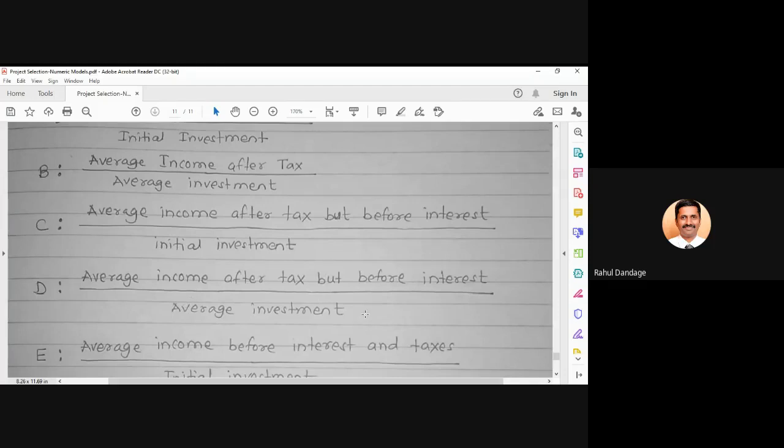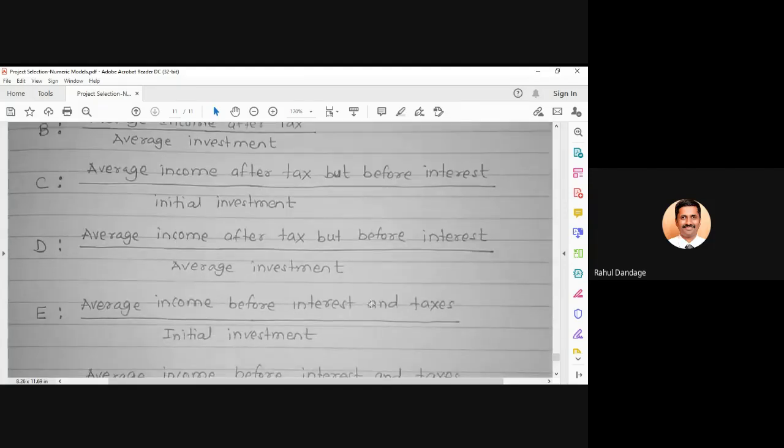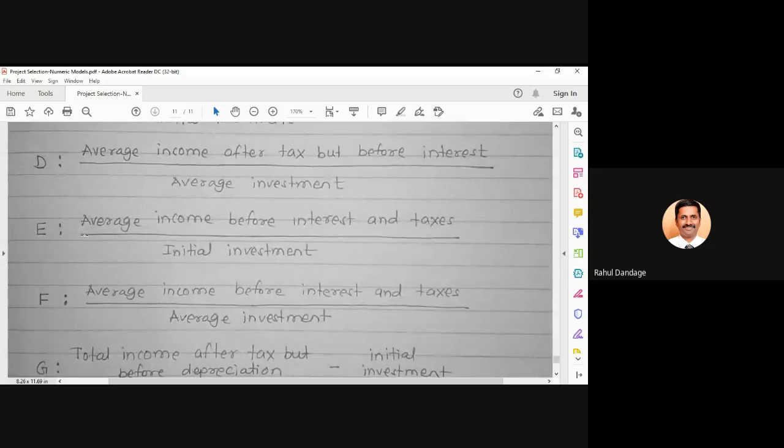So normally if you look at the formulae, the denominators are changing. Either we can divide by initial investment or by average investment. But always it is an income to investment ratio, that is full and final. Then formula E says it is average income before interest and taxes divided by initial investment.